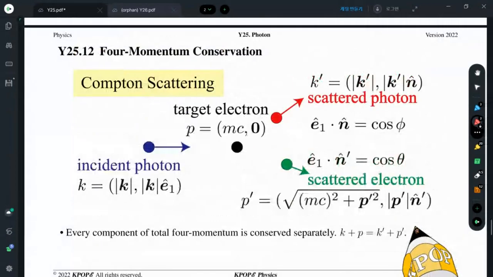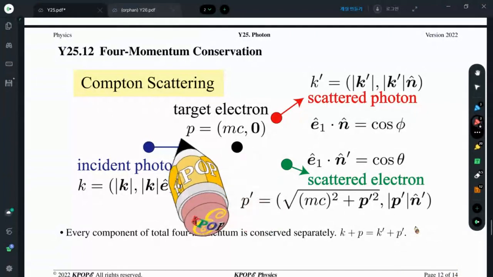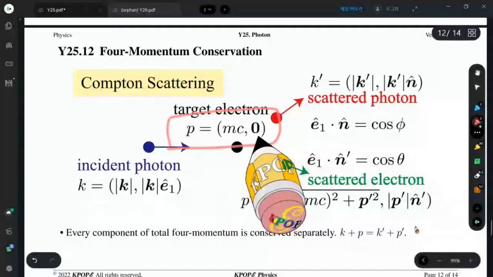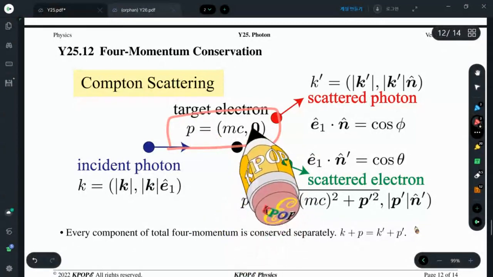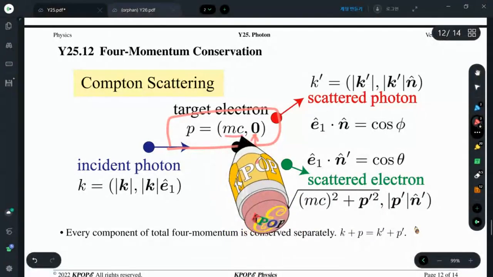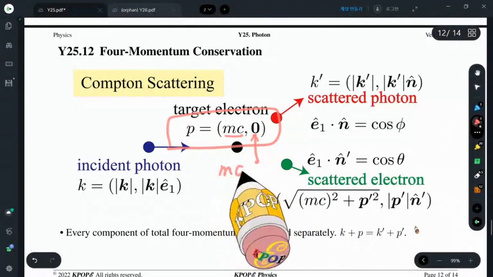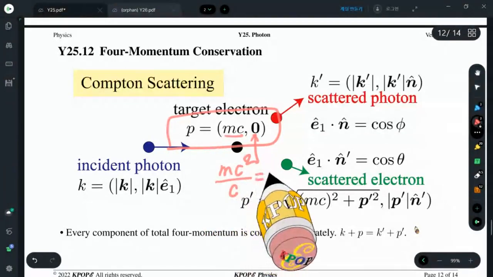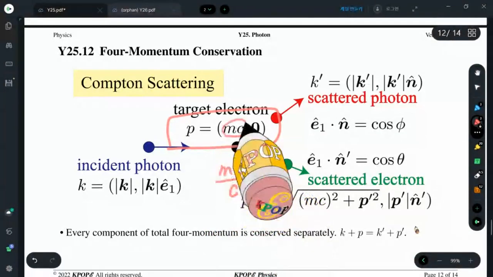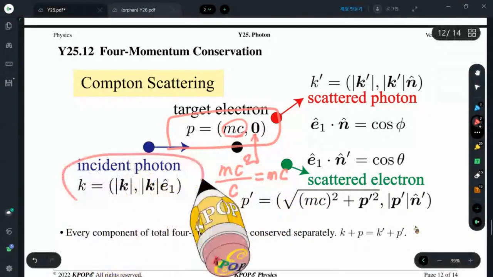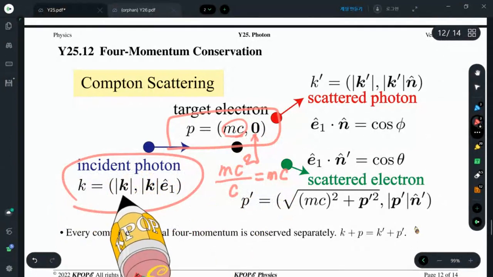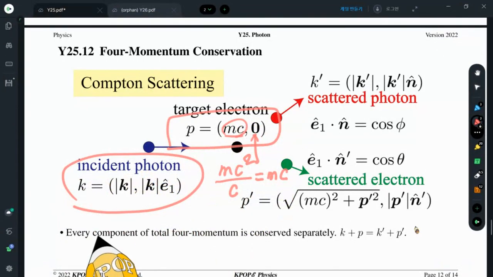So explicit calculation for the Compton scattering can be done with these four vectors. The first four-vector is for the momentum of a target electron. It used to be at rest. The target was at rest, so the free momentum is exactly 0. And the time component is mc squared divided by the speed of light, so rest mass multiplied by the speed of light. After being hit by this incident photon, we remember a photon has rest mass 0.